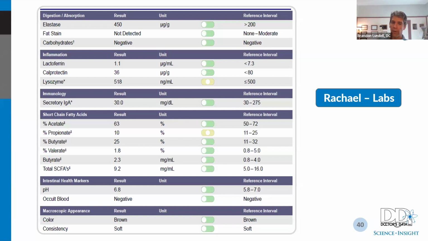If you get too much higher than that, that can be SIBO. But remember, even SIBO can be producing short chain fatty acids, so she may not be producing enough in the lower intestine. So we can't use this test to say definitively that she doesn't need any short chain fatty acids, but because the propionate is a little bit low, there's an imbalance in her short chain fatty acid percentages. So another indicator of dysbiosis.